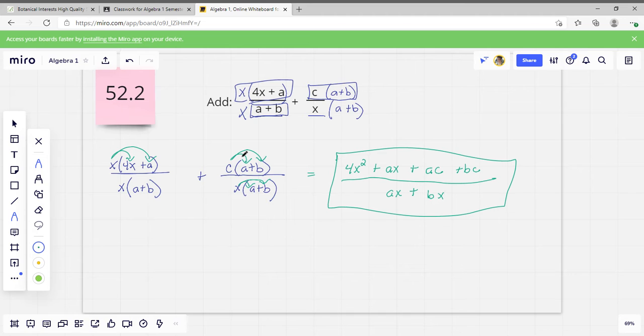And there's your answer. Now, if you wrote it this way, you didn't distribute that, you just wrote x times a plus b, that's also fine. It means the same thing. All right, let's work another one.